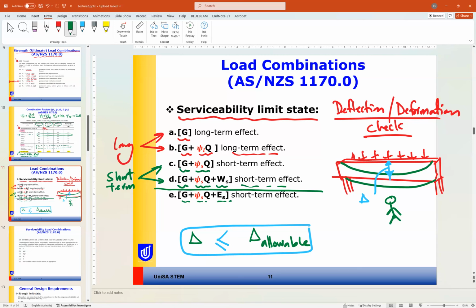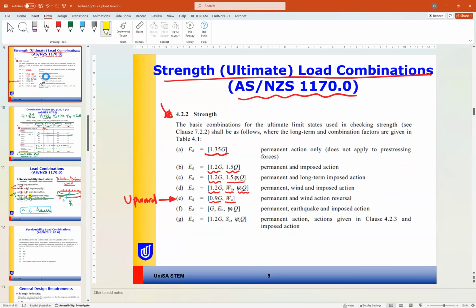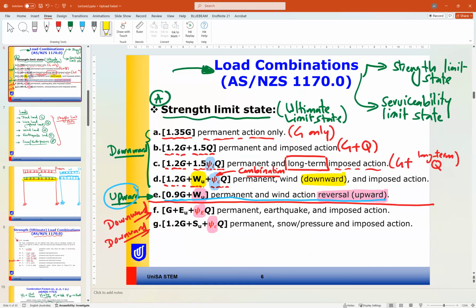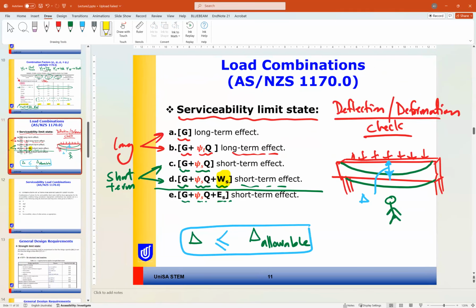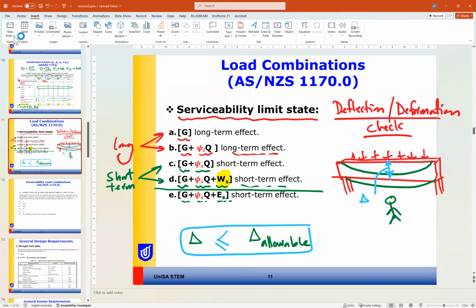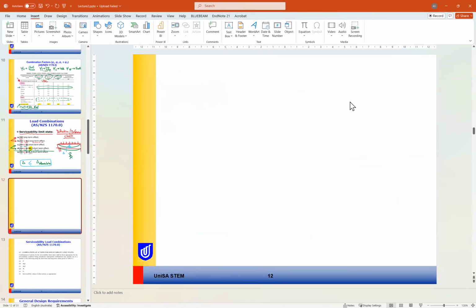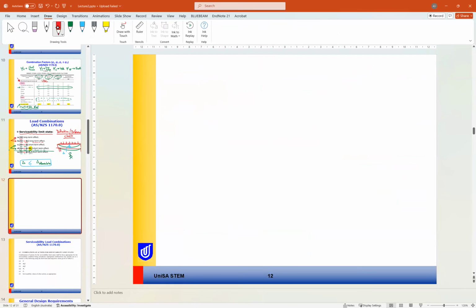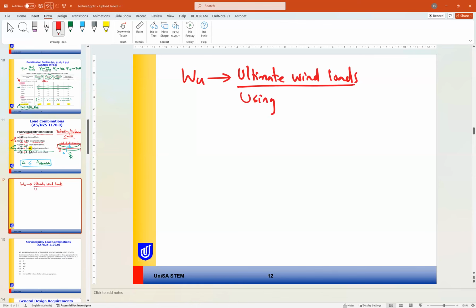Okay, have you noticed something here? We have WS here, and in the ultimate load combinations, we have WU. What is the difference between WS and WU? Do you know? WU is the ultimate wind load, calculated using the standard AS 1170.2.